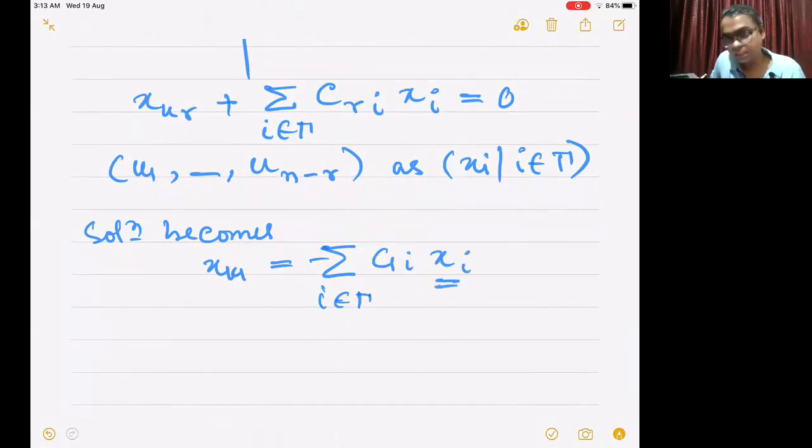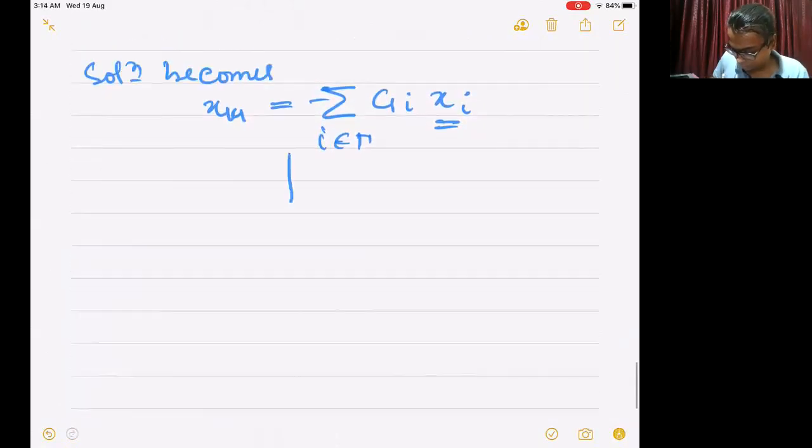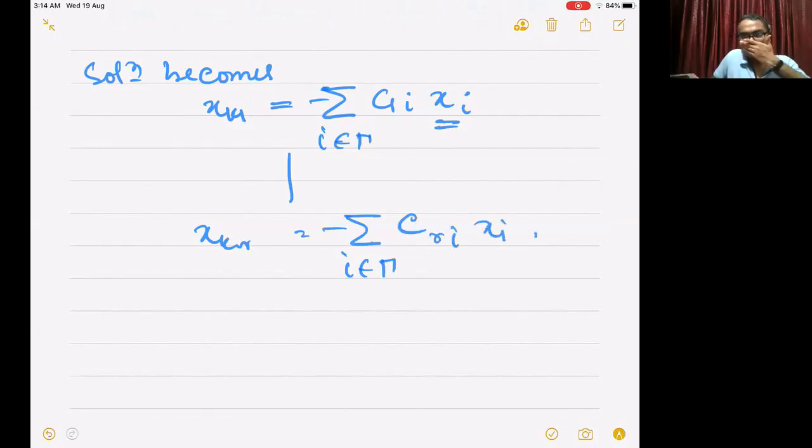You can replace these x_i's by u1, u2 up to u_(n-r) and so on. x_kr equals minus summation i in gamma c_ri x_i. That's it.